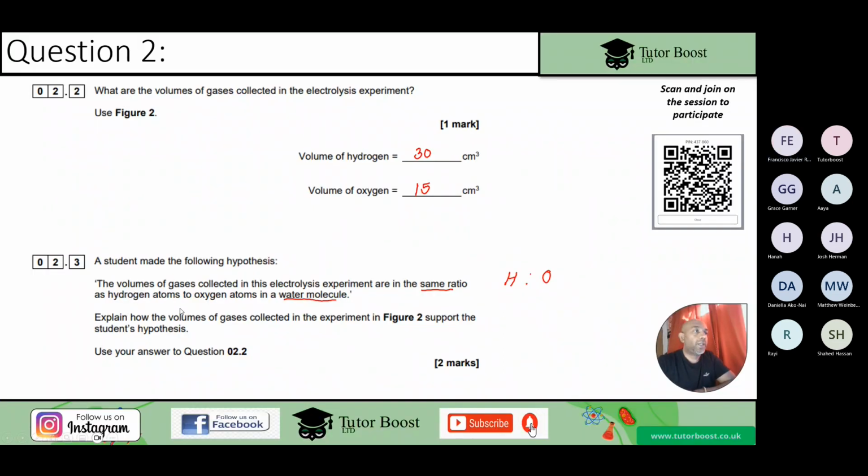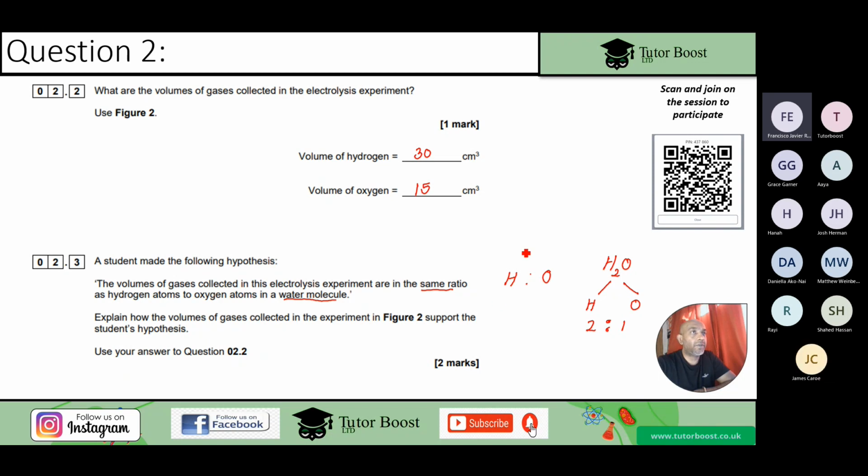So if I look at the formula for water, H2O, here I have hydrogen and oxygen. That's 2 atoms of hydrogen for every atom of oxygen. When I look at the volume of hydrogen and oxygen, in terms of volume, hydrogen is 30 to 15. So that's 2 to 1.